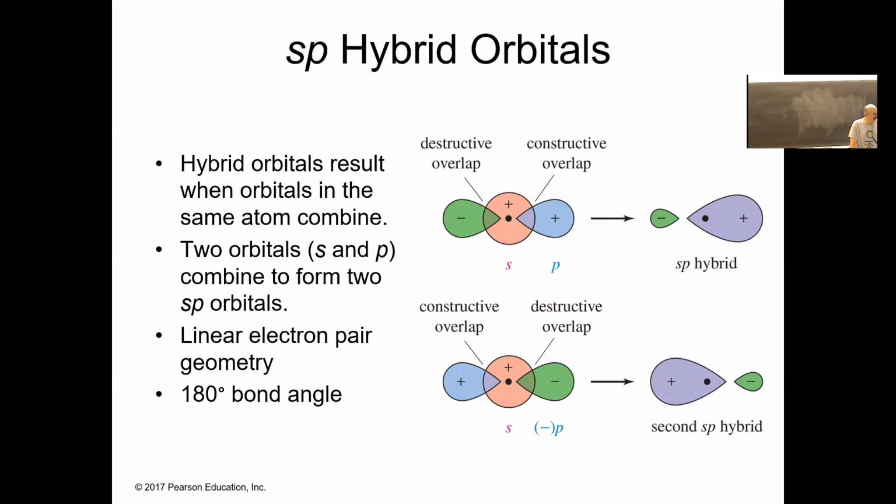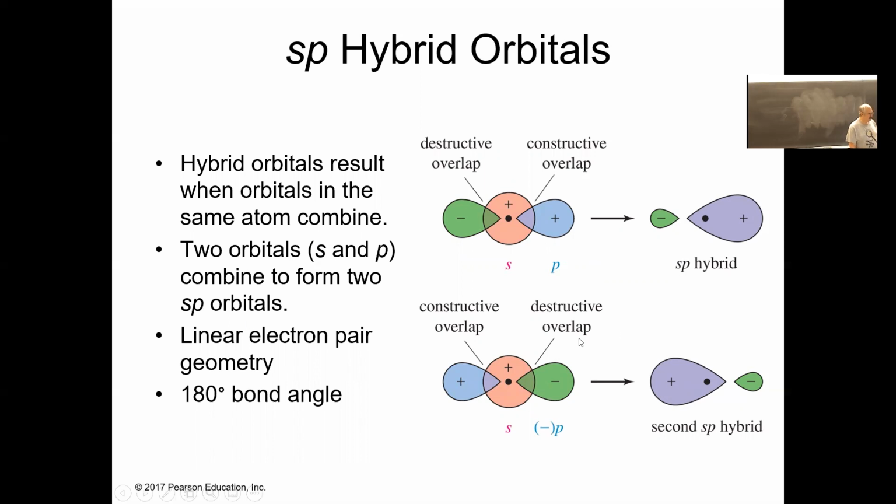Hybridization is a mathematical operation in which we take the wave function, for example, describing an s orbital and that describing a p, and we combine them. If we add them together, we get an sp hybrid.